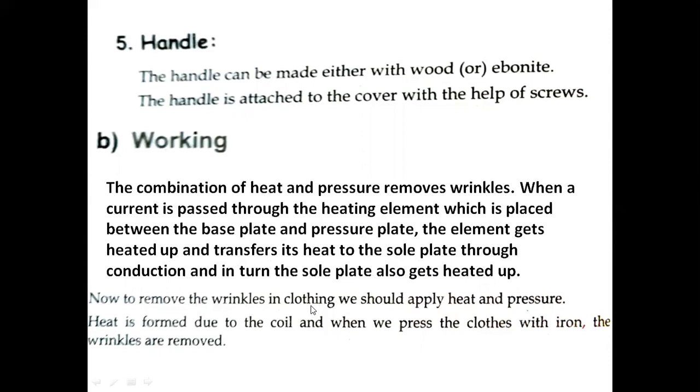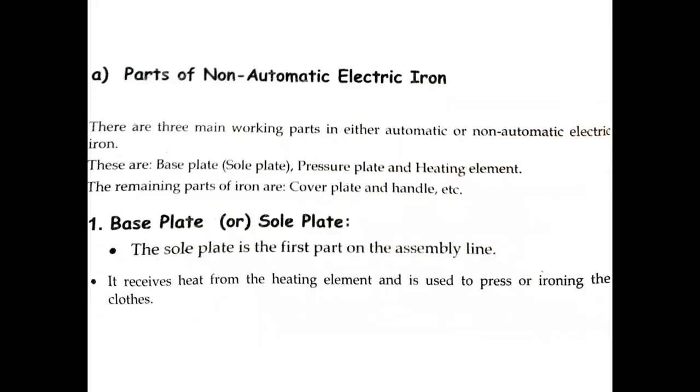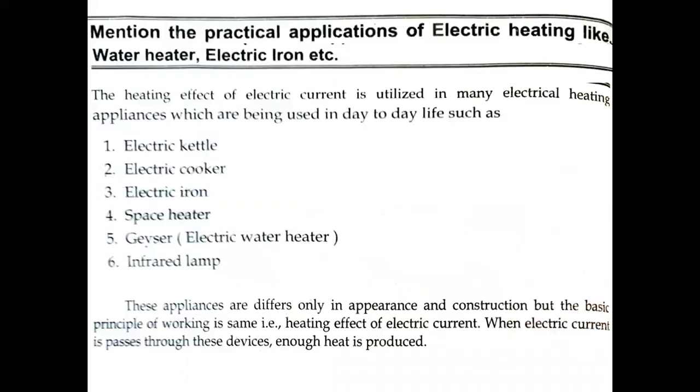Now to remove the wrinkles in clothing, we should apply heat and pressure. Heat is transferred from the coil, and when we press the clothes with the iron, the wrinkles are removed. This is the working of electric iron. Note that.